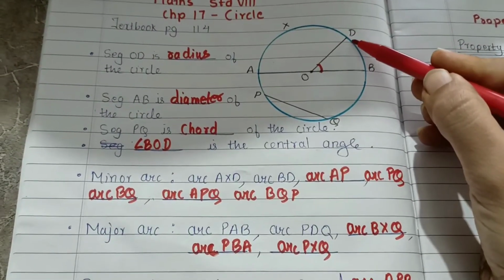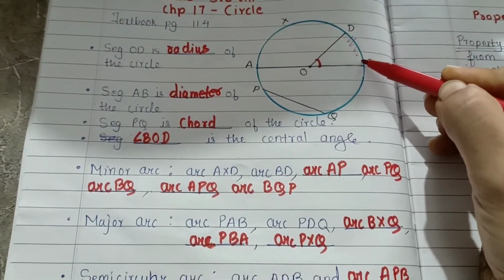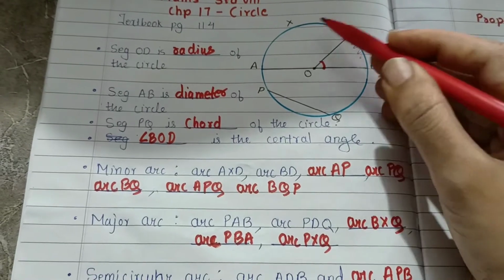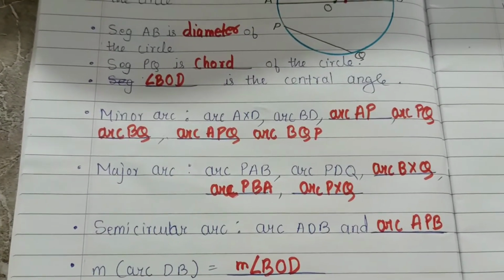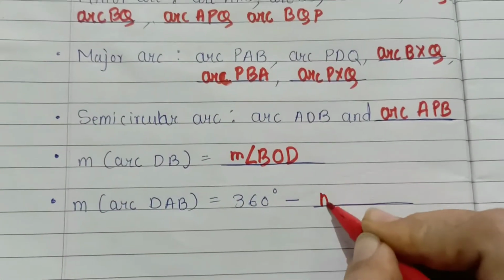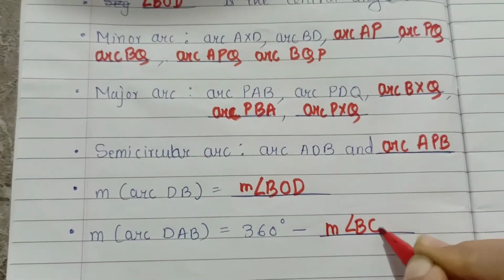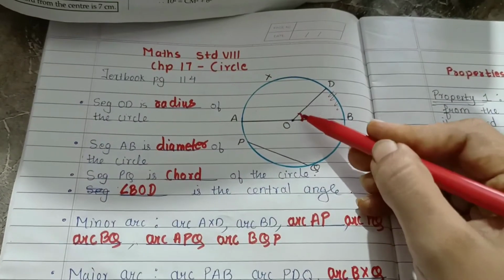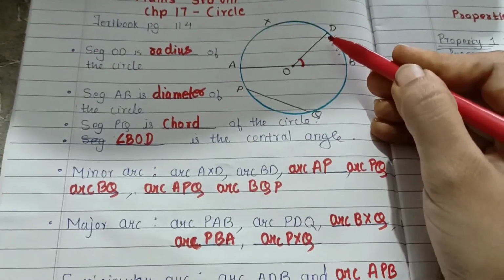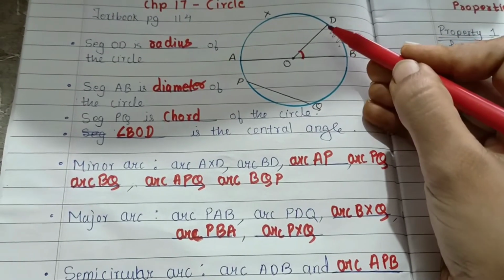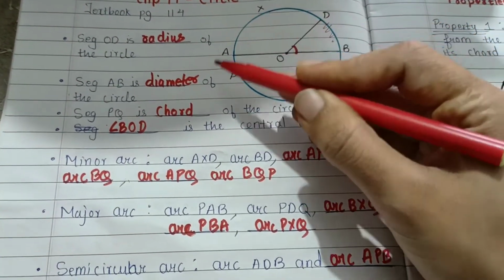If we subtract the measurement of the minor arc, we will get the measurement of arc DAB. So this is 360 minus the measurement of angle BOD. If we subtract this angle, we will get the measurement of arc DAB.